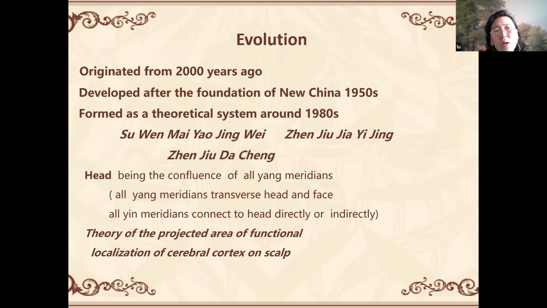Scalp acupuncture was used 2000 years ago, but at that time we didn't have a very complete system, especially in theory. It greatly developed after the foundation of New China, especially around the 1950s, and was greatly improved around the 1980s.